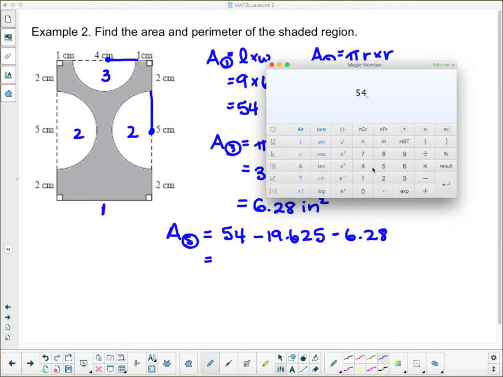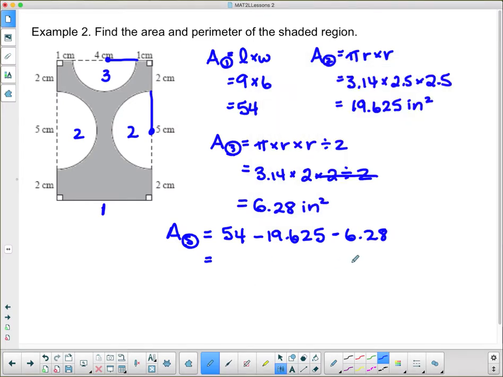But let's actually 54 subtract 19.625 subtract 6.28. And our answer is basically 28.1 if we round to 2 decimal places. So it's 28.1 square inches.